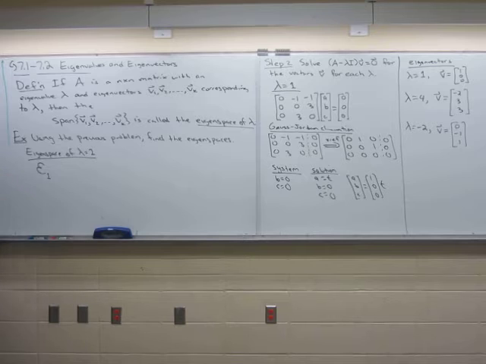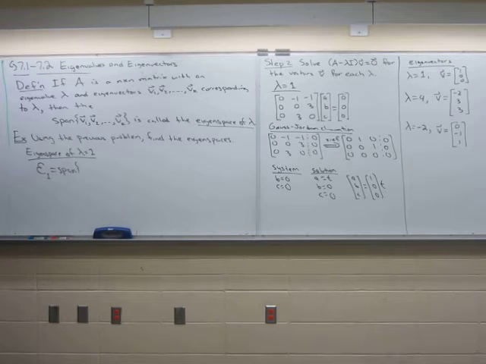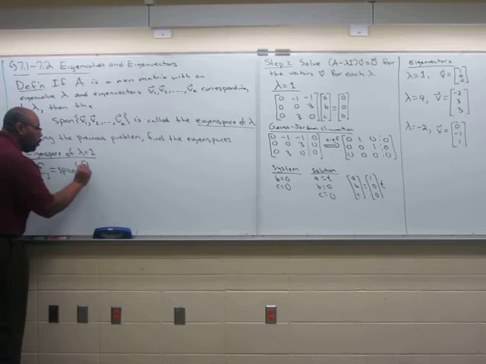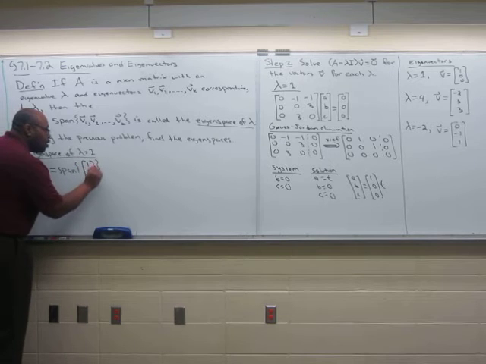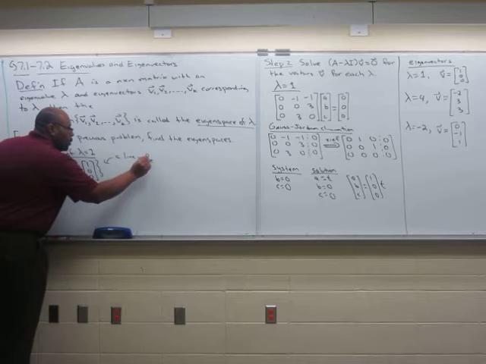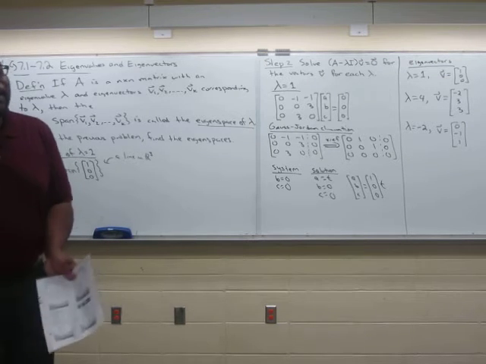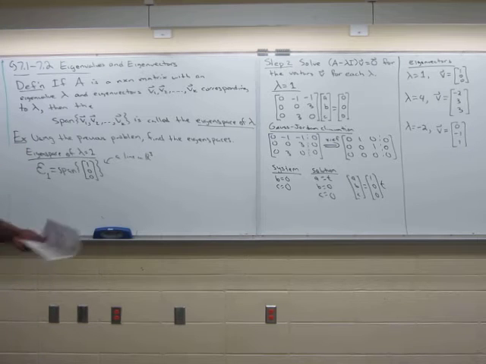Eigenspace of 1 is equal to the span. How many eigenvectors does lambda equal 1 have? It only has one eigenvector, so it's going to be the span of 1, 0, 0. This is going to be a line in R3. Remember, it's a line because I have only one direction vector. It's in R3 because we have 3 components. Don't forget what you've already learned because we keep coming back to it over and over again.